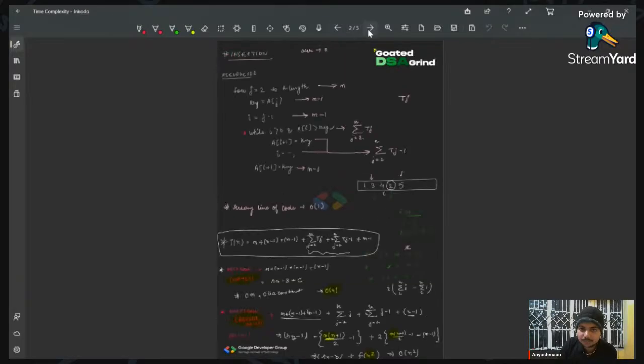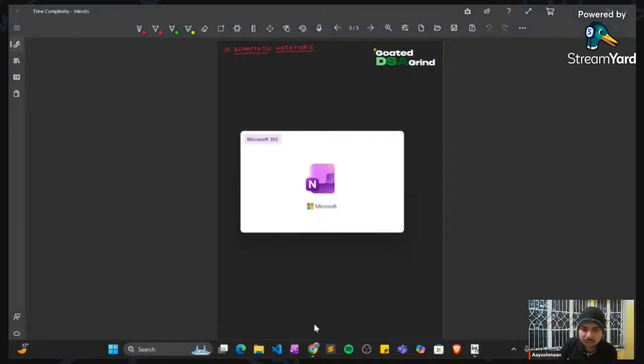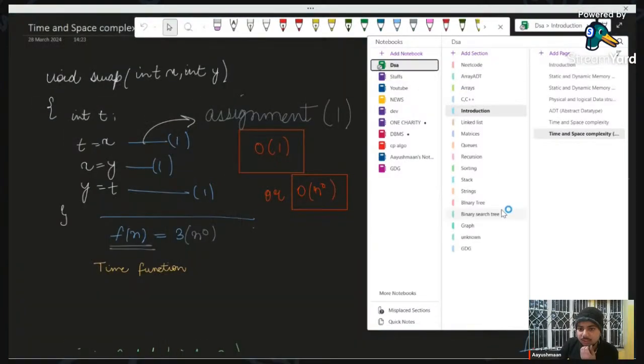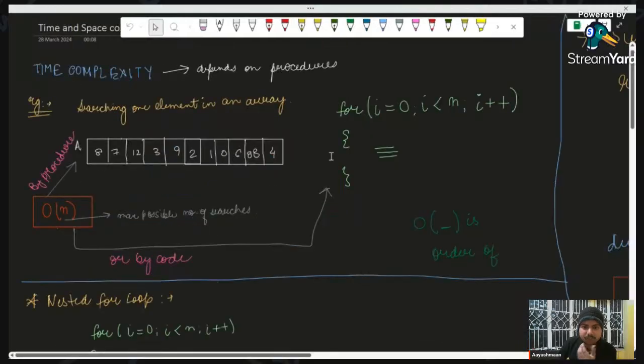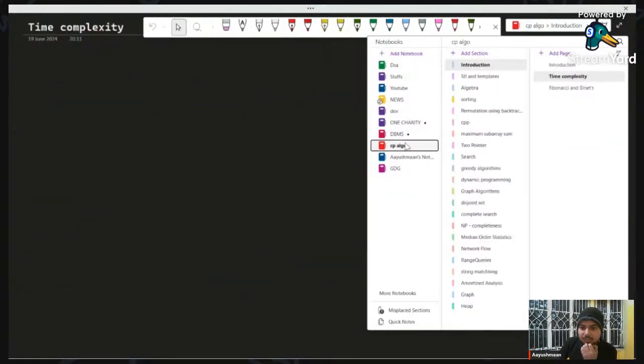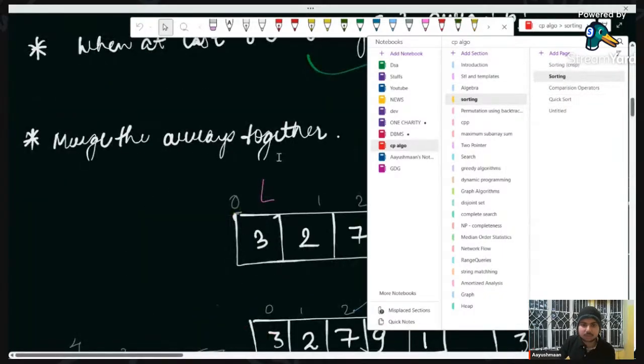Okay, I also have a well prepared note, so if someone is looking for notes, let me show you. I have lots of notes regarding everything, so if you want I can get it to you. This actually took some time and effort. You'll also get insertion sort, quick sort and all.